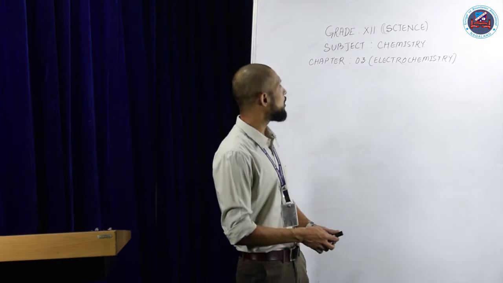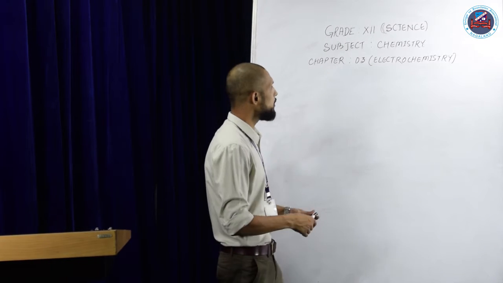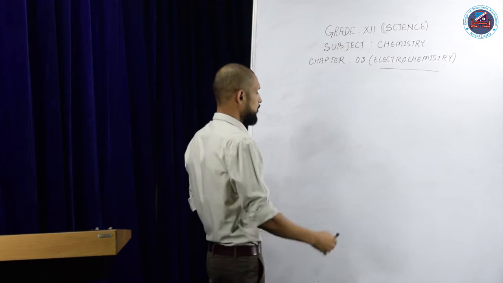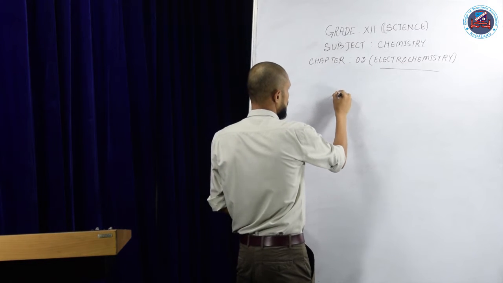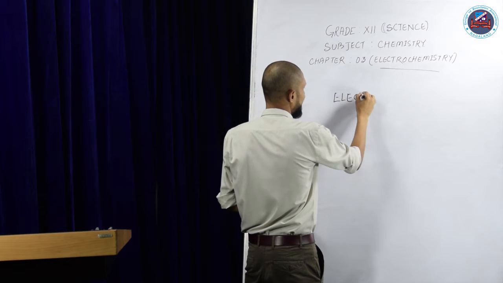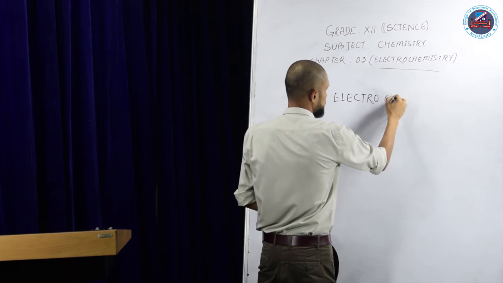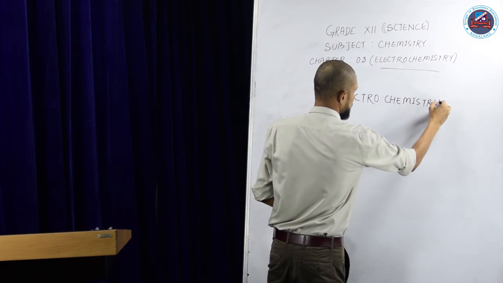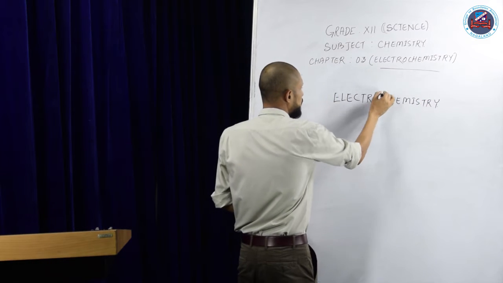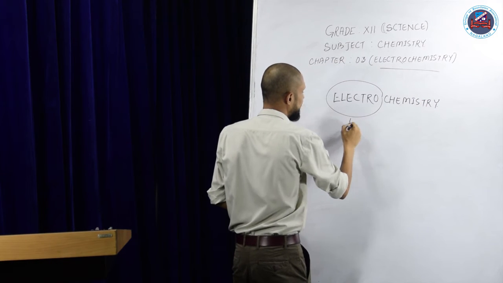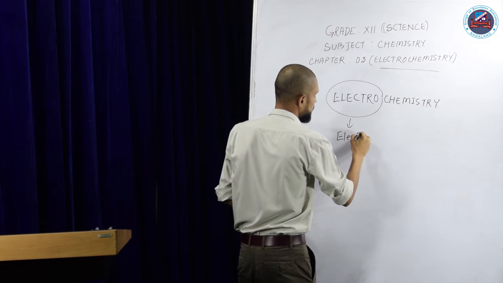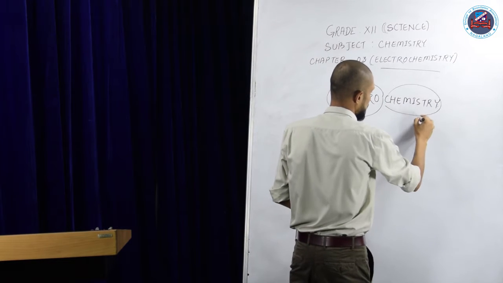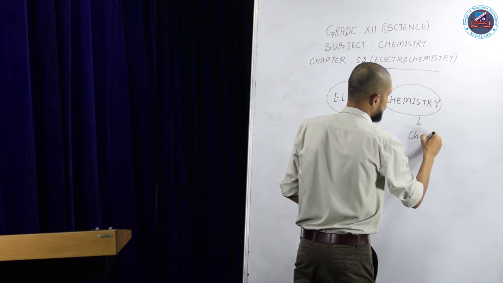Today I'm going to start a new chapter, chapter 3, that is electrochemistry. So to start with, what is meant by electrochemistry? Here electro stands for electricity, and chemistry is chemical reaction.